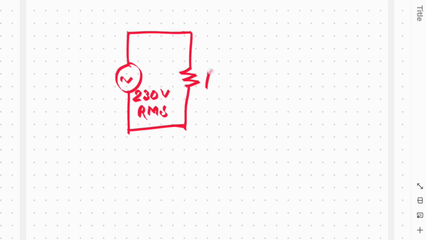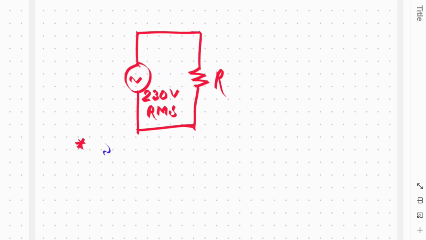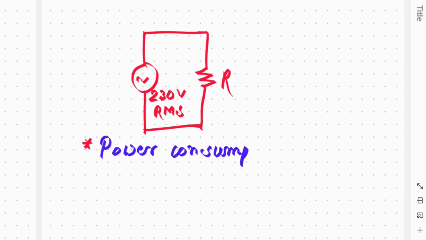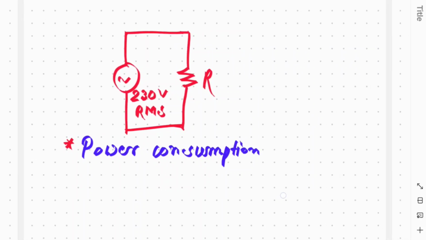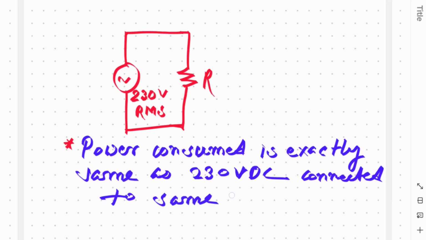The power consumed is exactly the same as 230 volt DC connected to the same resistor.